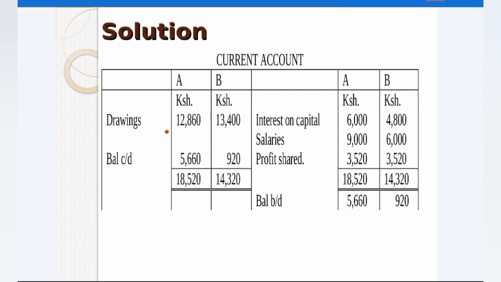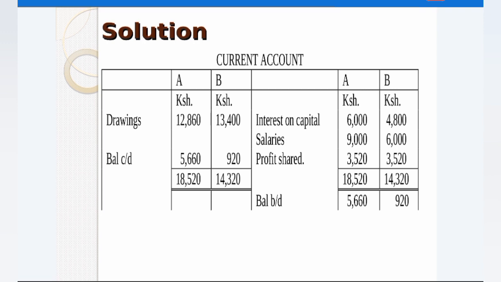So the drawings for A were 12,860 and that of B 13,400. So when you do the balancing off of this account, you will get that the balances brought down for A is 5,660 and 9,020 for B. So that is how our current account will look like.